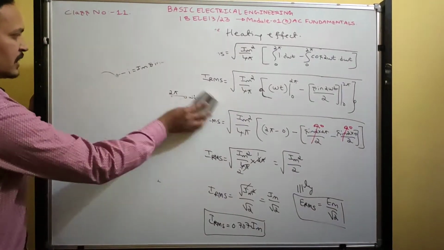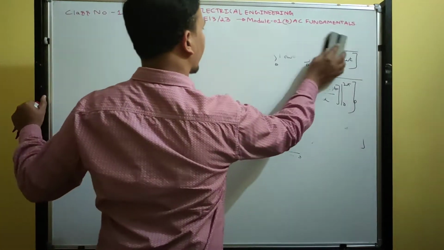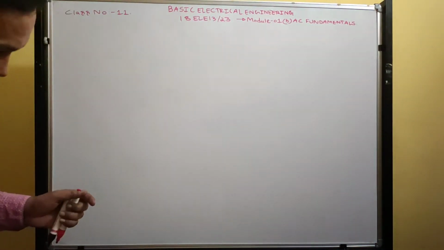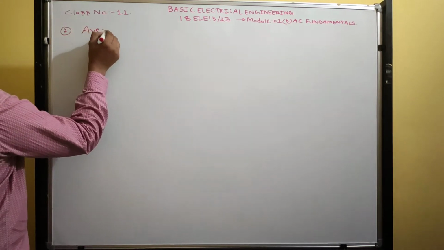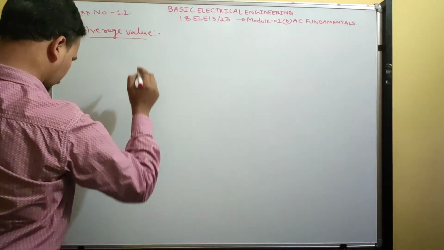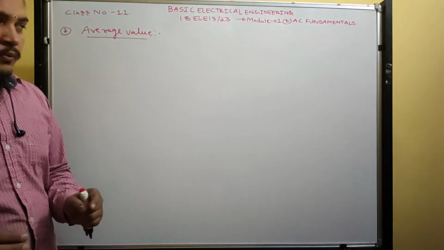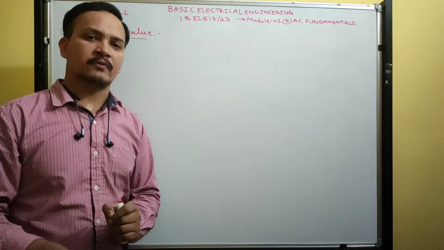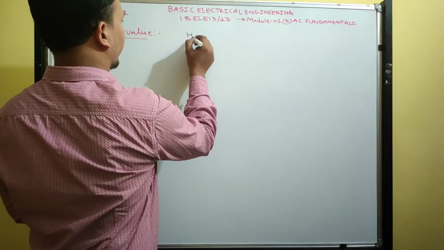So next is average value. Number 2, average value or mean value. So write the definition for this. Same thing as what you wrote for the RMS value, 99% same definition. There I wrote the heating word.